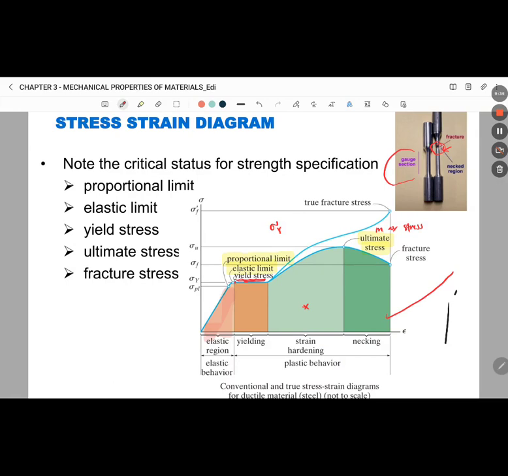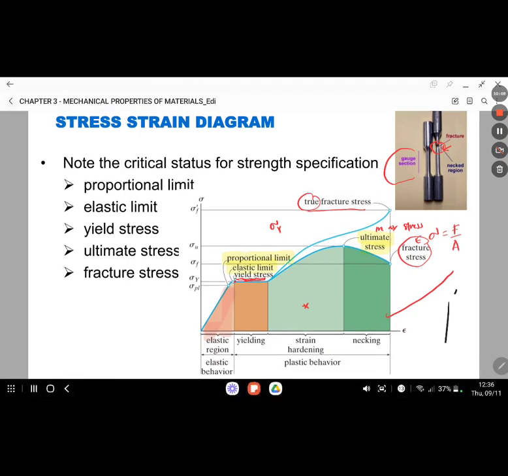In this graph you can also see there are two types of fracture stress: the true fracture stress and the engineering fracture stress. What is the difference between these two values? We calculate stress as force over area.